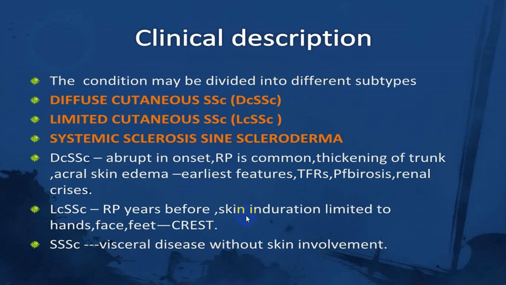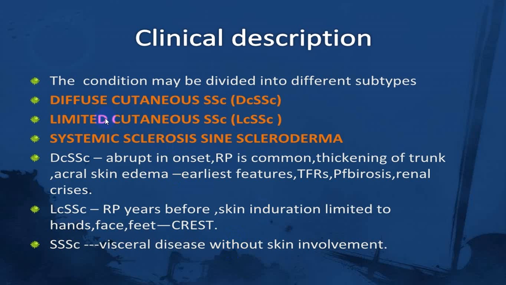In a localized variety, it is a skin induration mainly limited to hand, face, or feet. And there is a classical variety we call CREST syndrome, where Raynaud's phenomena may be present. So this Raynaud's phenomena is for R. While systemic sclerosis, where you get visceral involvement without skin involvement, that is systemic sclerosis sine scleroderma.